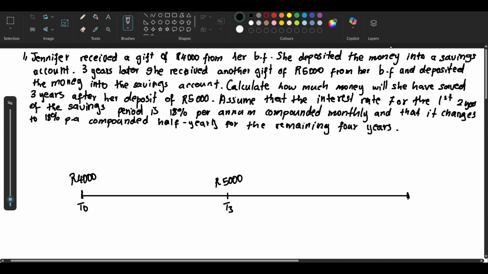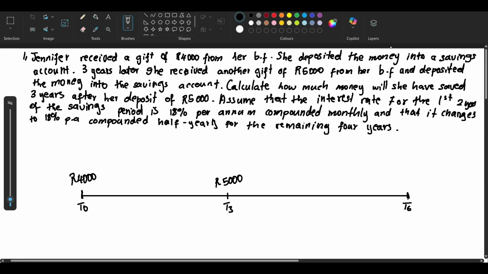So when the statement continues, it says calculate how much money she will have saved 3 years after her deposit of 5,000 rands. So that means our final is going to be T6.